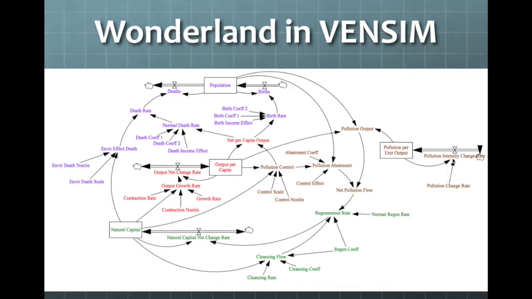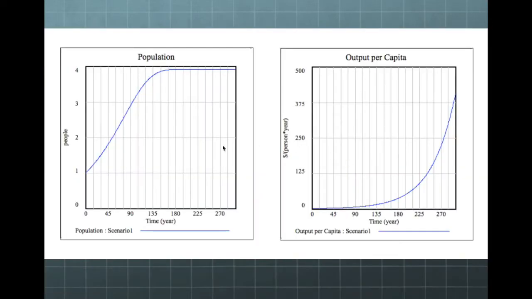So the choice of colors also makes sense from an intuitive point of view. So that's the VENSIM implementation. We can look at some results when you run the model, and we'll do that in a separate video as well. A base case scenario, scenario 1, has population over time. This is a model that runs for 300 years.